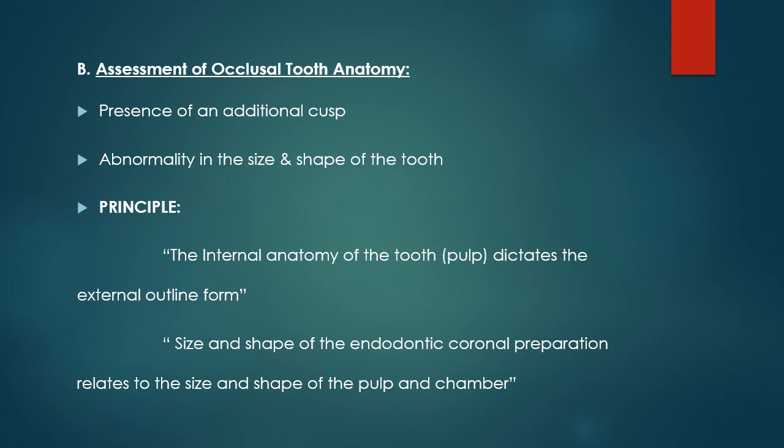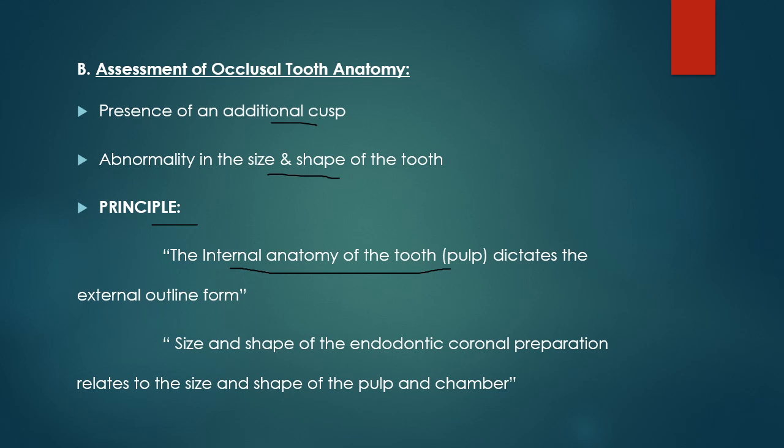Assessment. First of all, before going into the process, we have to assess the tooth anatomy. We have to see whether there is an additional cusp or not. We have to check the size and shape of the tooth. Is there any abnormality? See, the major principle is that the internal anatomy of the tooth or the pulp dictates the external outline form.